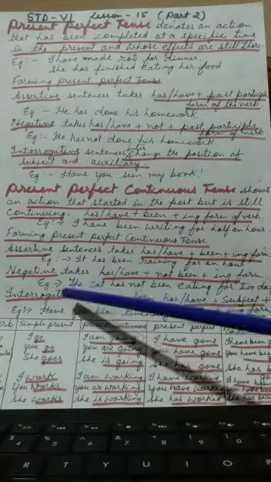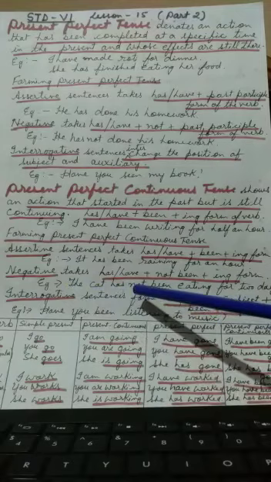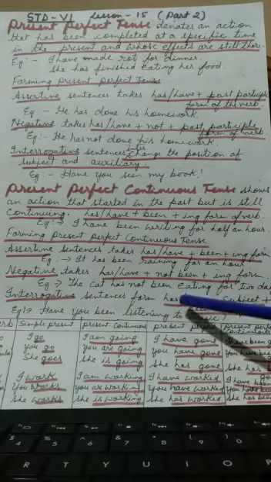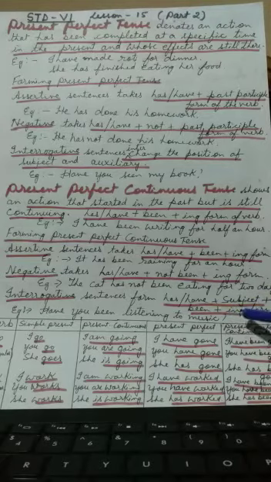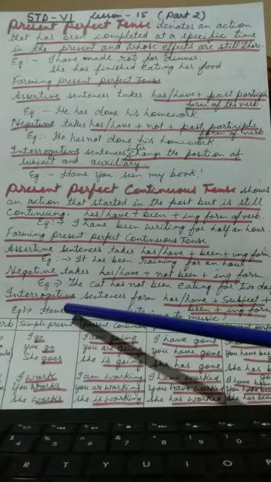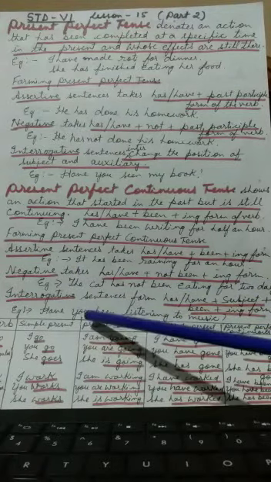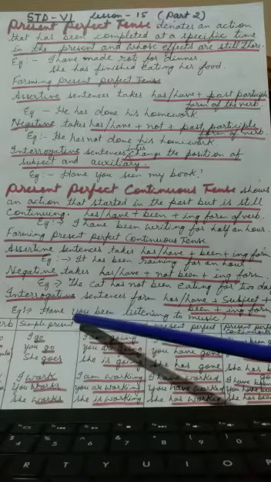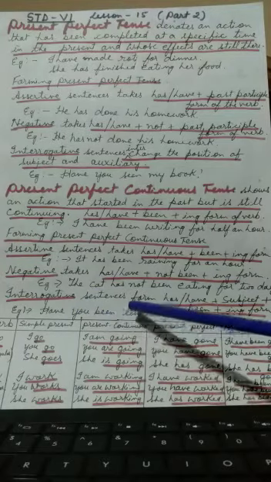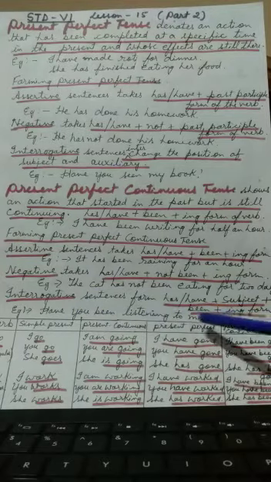Then in the case of interrogative sentences, the form is has or have plus subject plus been plus ing form. So first you will write either has or have, that auxiliary verb will be written first. Then you will write the subject, then been, then the ing form of the verb, then the rest.